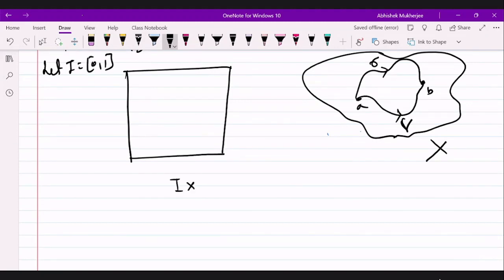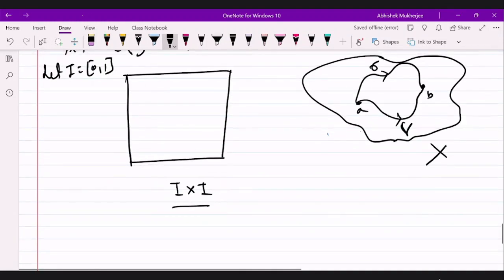Now I'm taking I cross I. As per the definition of two maps being homotopic, you have a homotopy from X cross the closed interval [0, 1] to Y. Now we are considering paths, that means continuous maps from the closed interval [0, 1] to X. So we need a homotopy from [0, 1] cross [0, 1] to X. That is why we are taking I cross I. So this is (0, 0), this is (1, 0), this is (0, 1), and this is (1, 1).